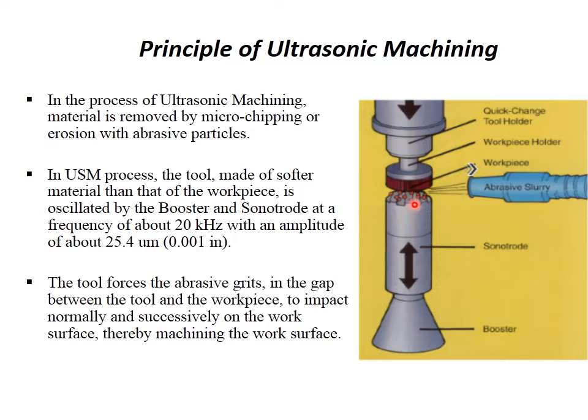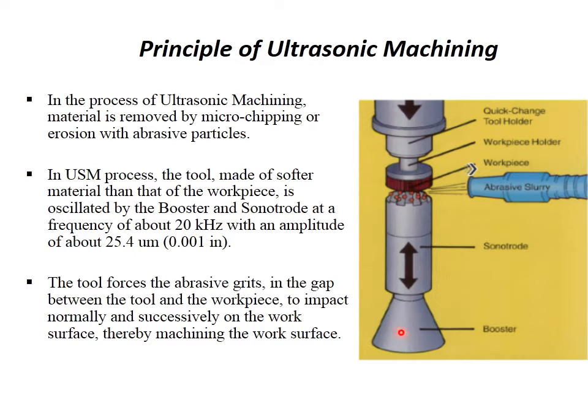This movement will be very intense in nature, and during this up and down movement, the abrasive slurry will come into contact with the workpiece under certain pressure. When the sonotrode is moving, it applies some force on the abrasive slurry, and this pressurized abrasive slurry strikes the workpiece surface, and that is how the material removal takes place, right?